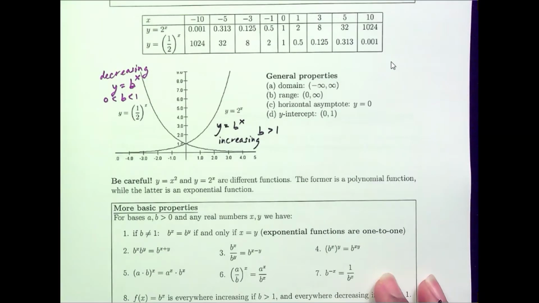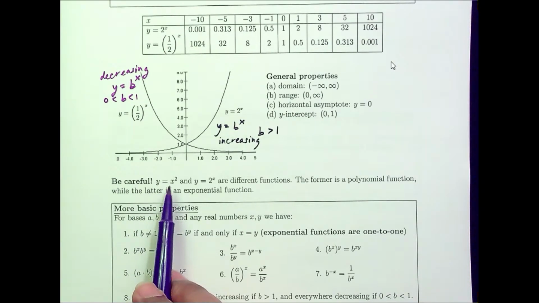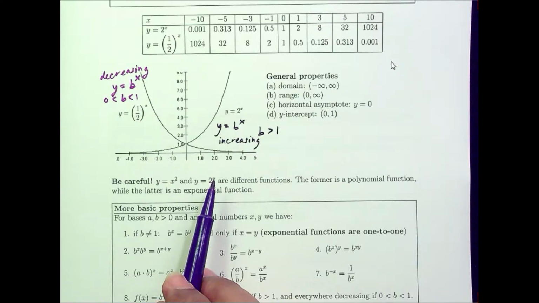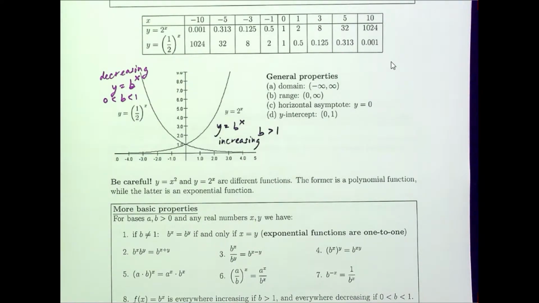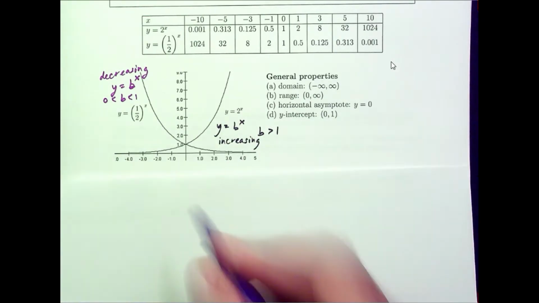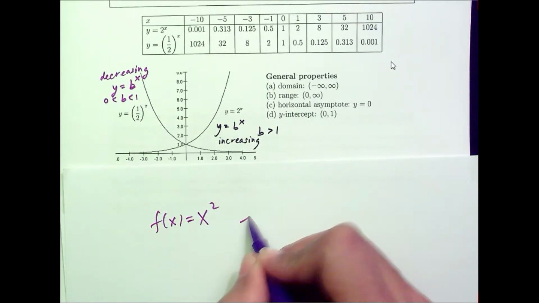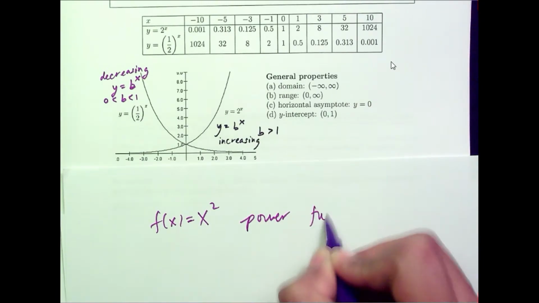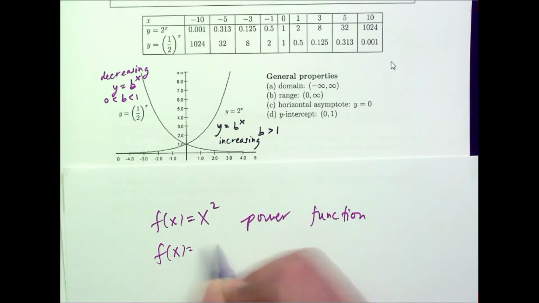Okay, so be careful not to confuse power functions with exponential functions. These two functions are completely different. So don't confuse x squared, this is a power function, with 2 to the x.